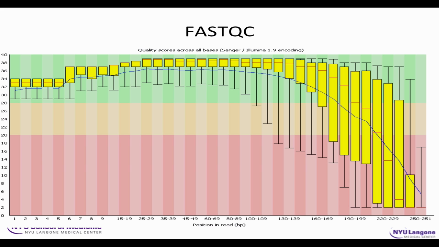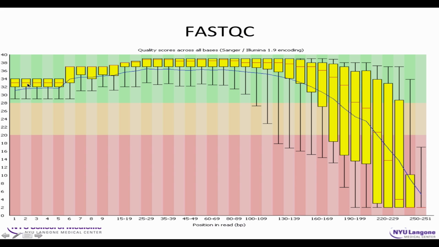Right, so if you run FASTQC, you typically get an output that looks like this. Actually, there's a whole series of different graphs, but this is the one that people spend the most time looking at. All it's doing is taking each base of your read. I showed you a 152 base read. This one is mapping a 250 base read.